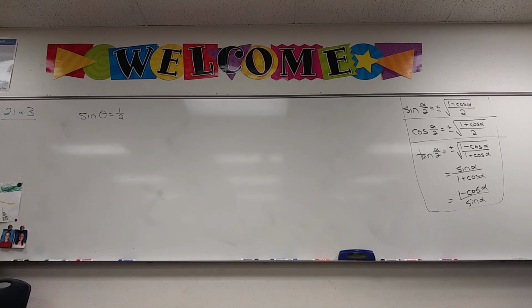Or 60 over 2. Well, 30 degrees is pi over 6. I still like or. Oh, wait, 1 over 3?